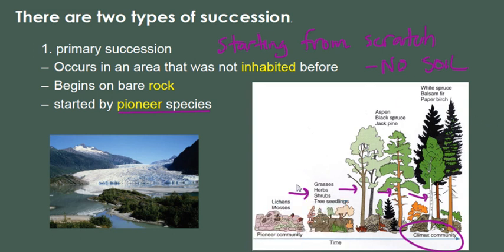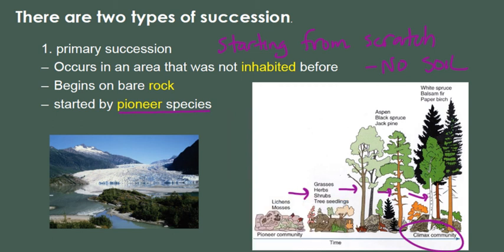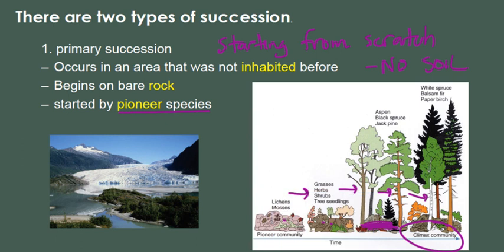This takes a long time because you have to create soil, and the species that inhabited before will die and prep the soil for the future species. So your pioneer community, your grasses, your herbs, these will all die and become the soil for the future generations. It takes a long time to do this because we have to make soil.